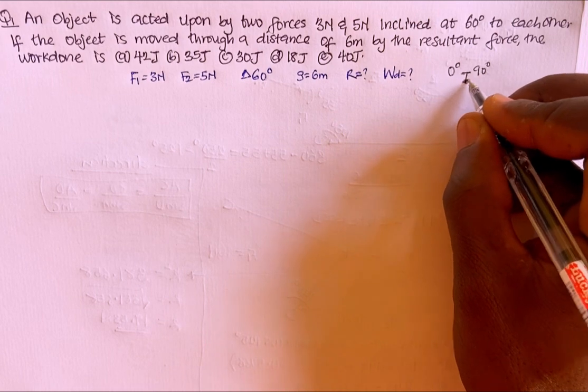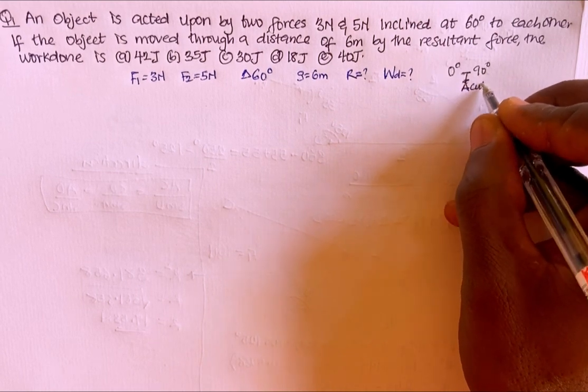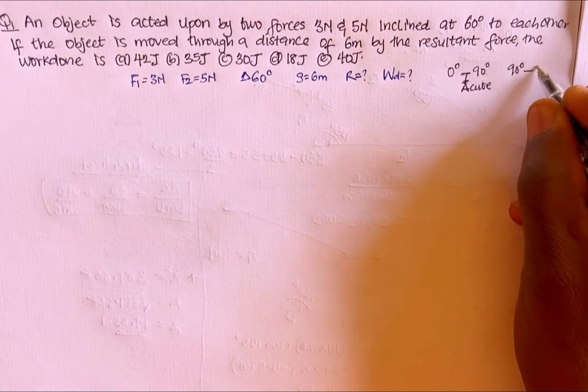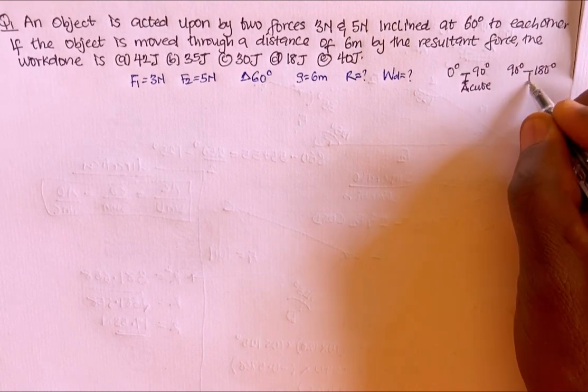Any angle between 0 degree and 90 degree is known as an acute angle, and any angle between 90 degree and 180 degree is taken to be an obtuse angle.